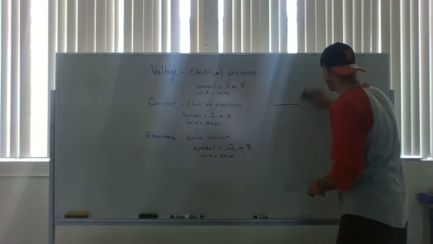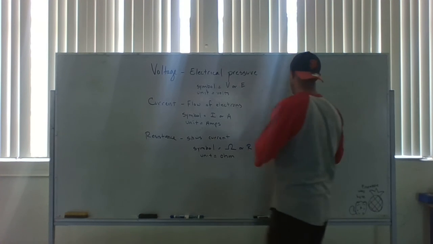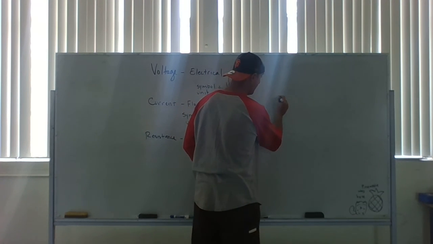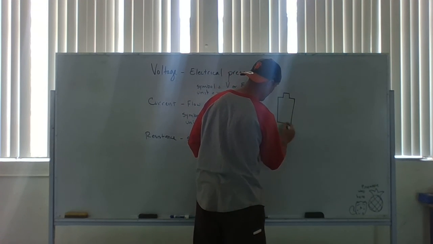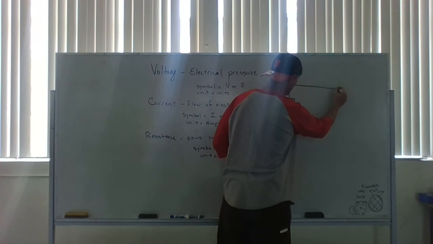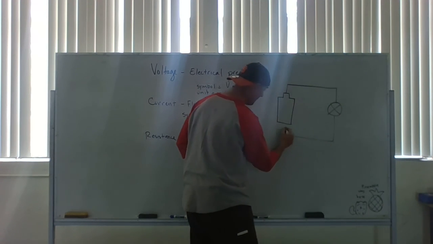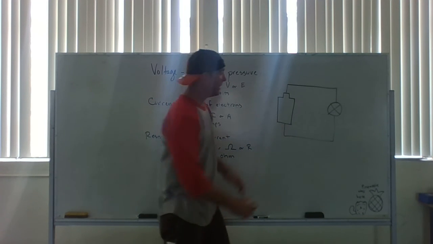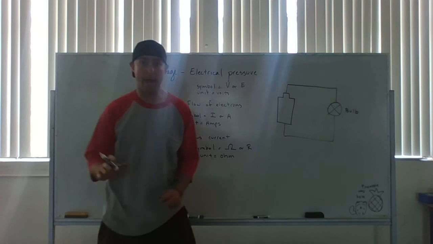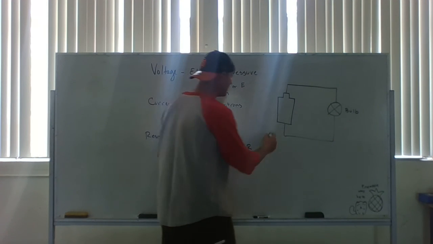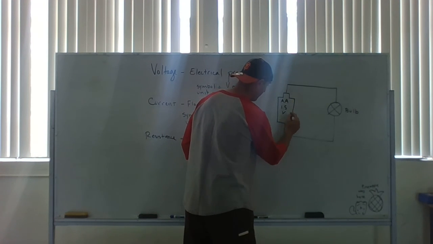The issue we typically have, we'll do a quick simple circuit here. All right. I have a battery, and this is a light bulb. Let's just say this is a AA battery, which is 1.5 volts.